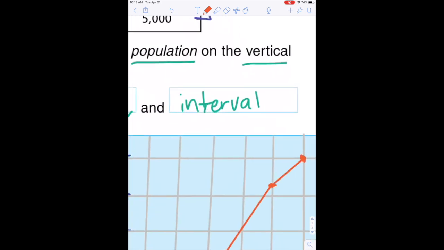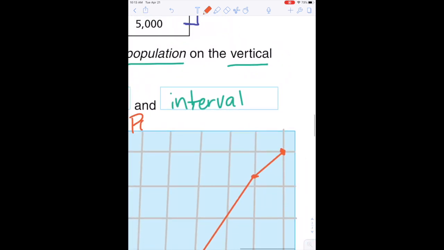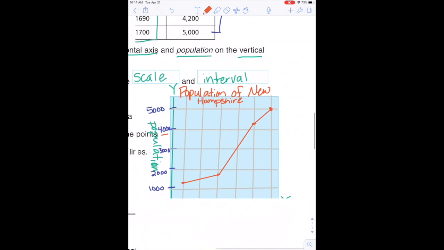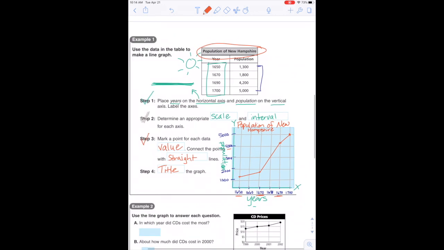So population of New Hampshire. That's our last step, is always make sure your graph has a title so people know what the graph is about. That is a great job of setting up your graph.